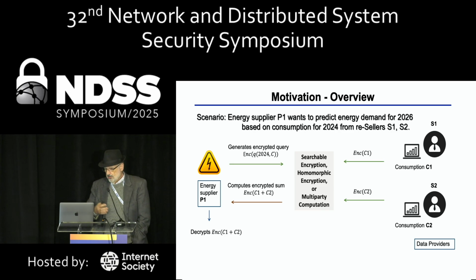So S1 and S2 will be willing to provide encrypted forms of their consumptions during that year. If P1 can get the sum, it doesn't care about the details, who has consumption 1 and 2, okay?